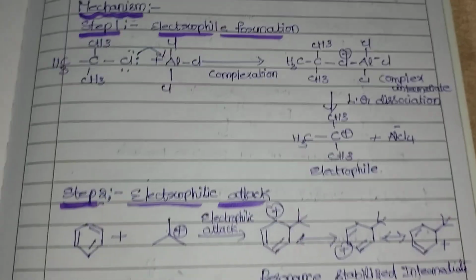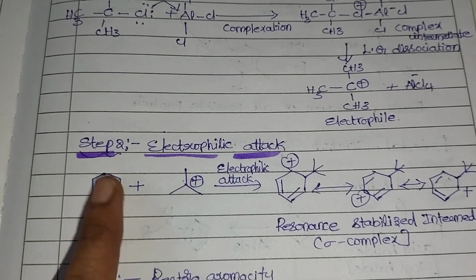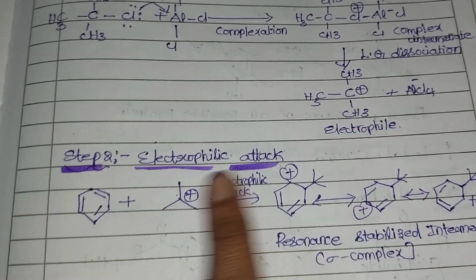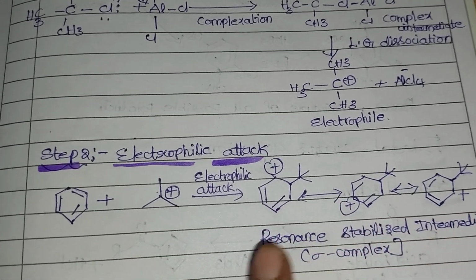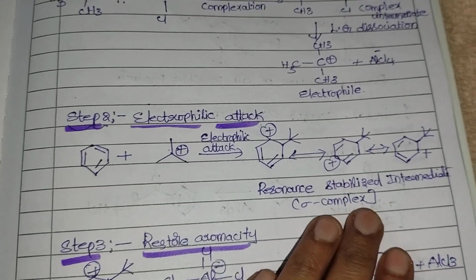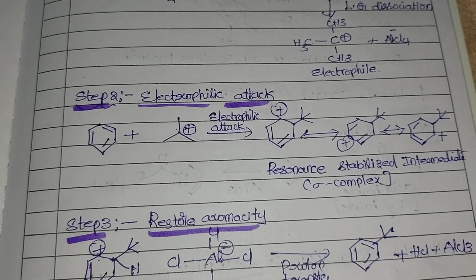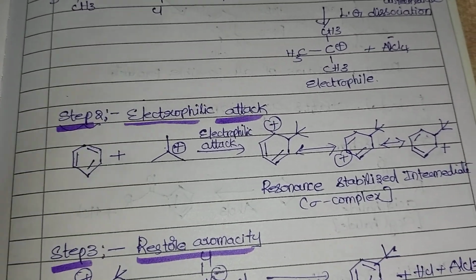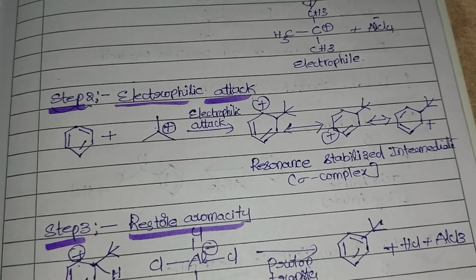The next step, step 2, is electrophilic attack. Here the benzene is attacked by the electrophile which is generated, to form a resonance stabilized intermediate, which we also call a sigma complex. As I already discussed, during the formation of this resonance stabilized intermediate, when the electrophile attacks, it loses its aromaticity.